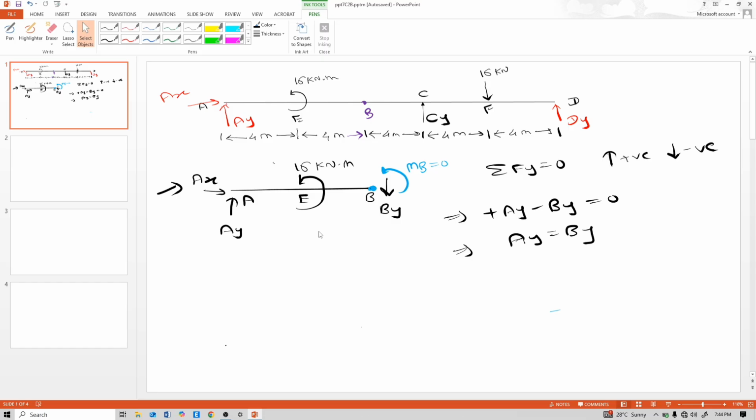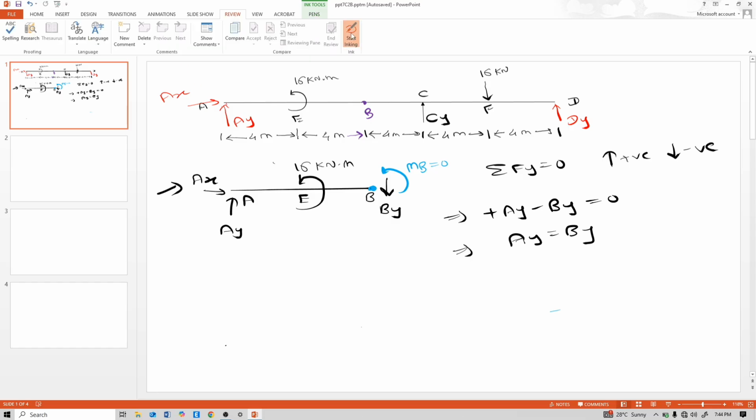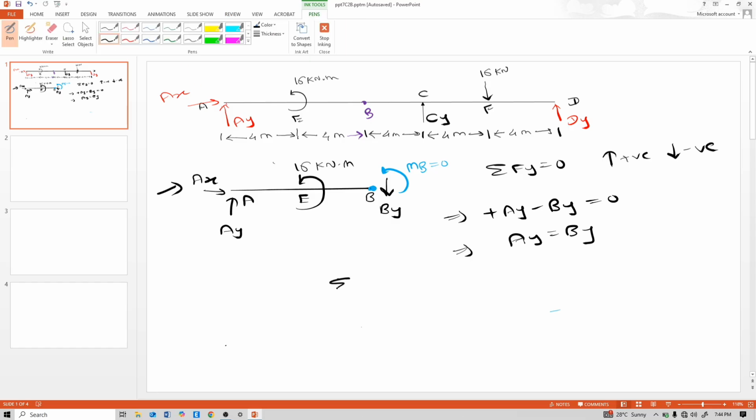Now take moment at point B. Summation of MB is equal to 0, clockwise positive, anti-clockwise negative. This AY is clockwise about point B, so positive AY into the perpendicular distance between A and B, which is 8 meters, so 8.